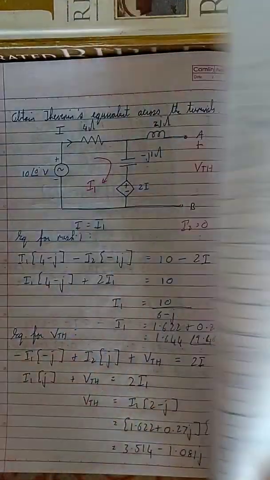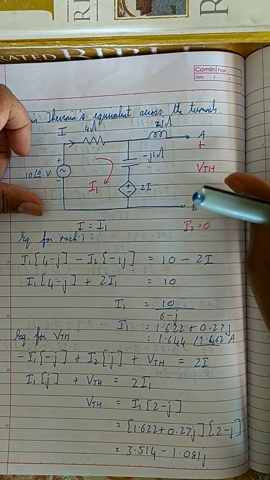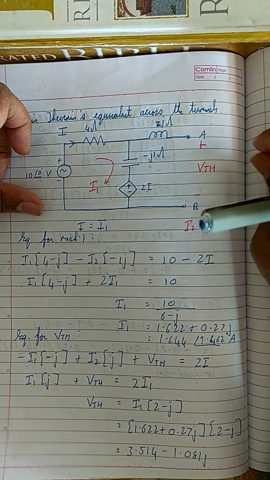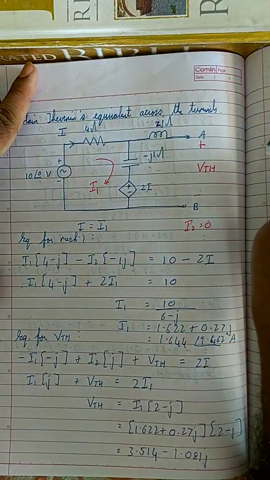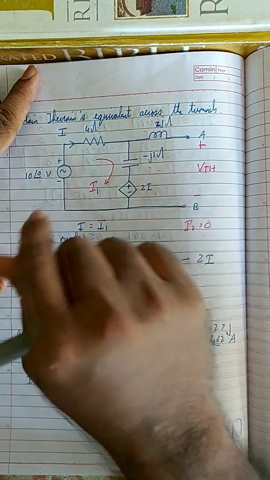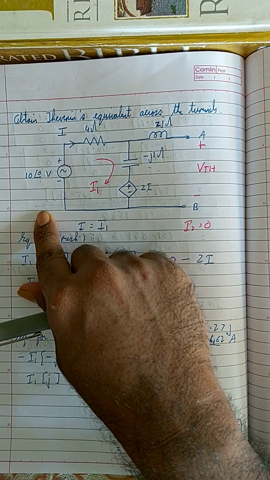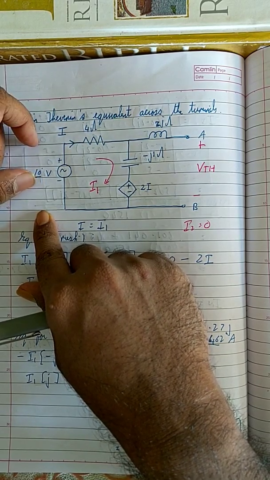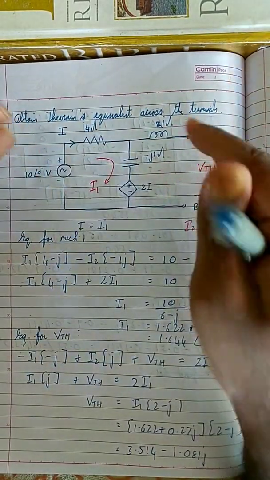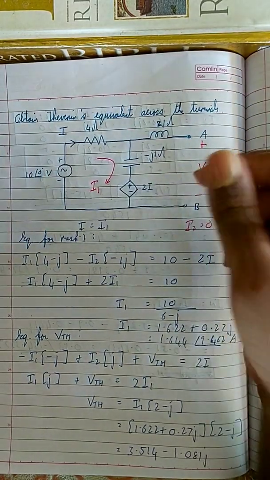The normal method of finding the Thevenin's impedance is that it is the resistance across these two terminals when we remove all the sources. That is, we remove the voltage source and we remove the current source. How do we remove the voltage source? By shorting the terminals. How do we remove the current source? We open the terminals. So if there's a voltage source, we short it, and if there is a current source anywhere, we open it. Then we find the equivalent resistance. That is how we find the Thevenin's impedance or Norton's impedance.